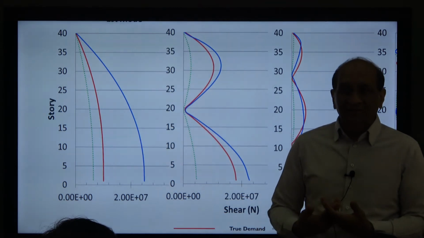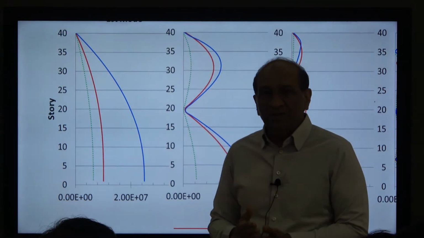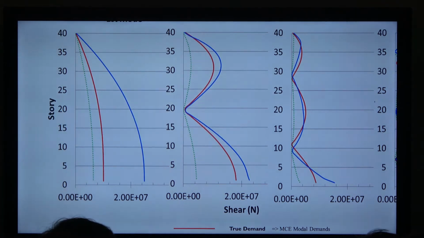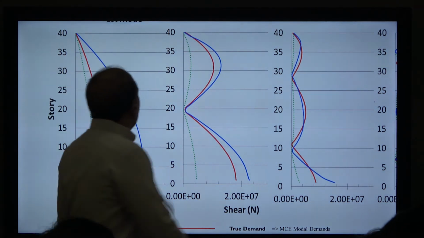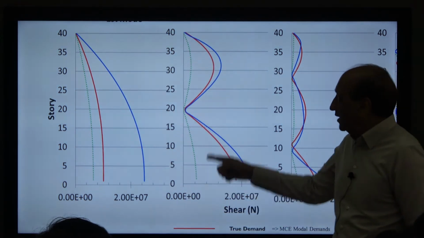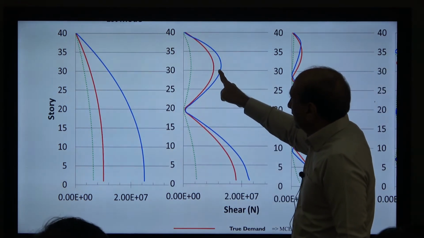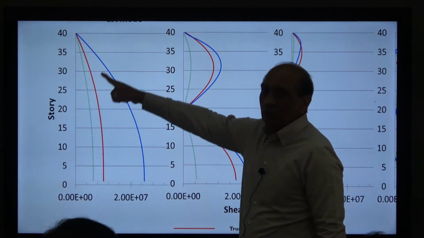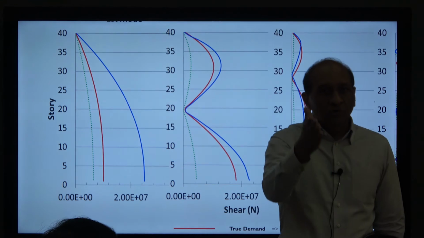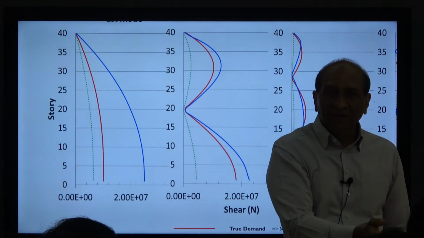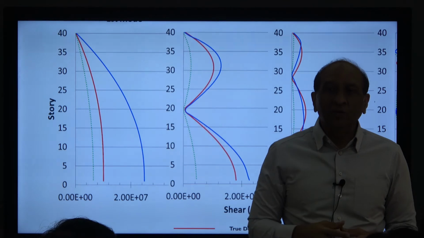Now we are in trouble because the shear coming from higher mode is of the same order as the shear coming from first mode, and which looks very different from a pure cantilever shear diagram.